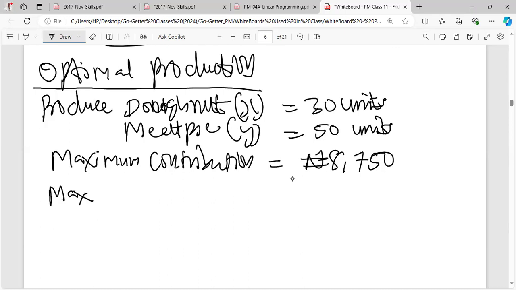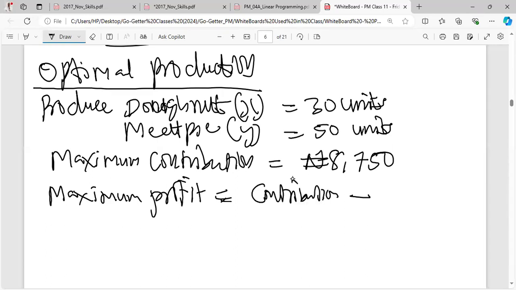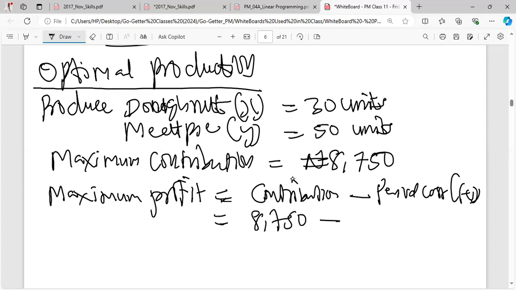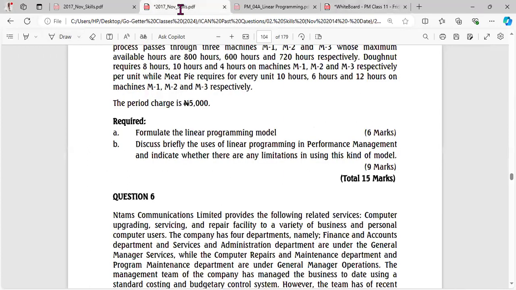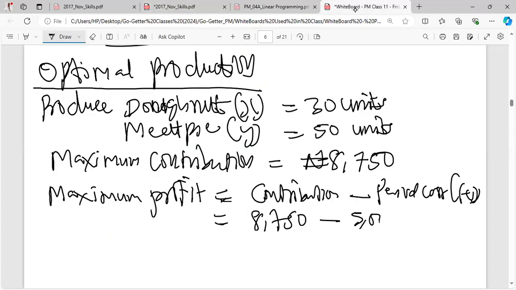If you want to know your maximum profit, we can even say maximum profit will be contribution minus period costs or the fixed cost. So we have 8,750 minus, the question told you your period charge is 5,000, minus 5,000, which gives you 3,750.